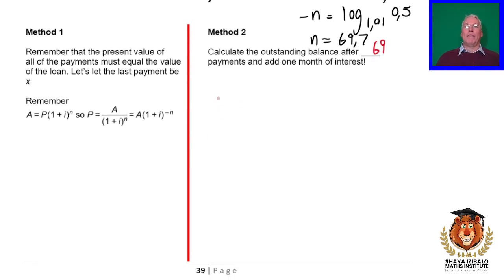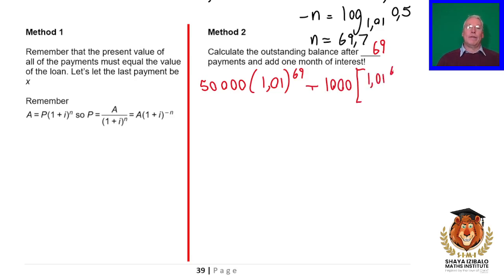Remember, the way we work out the outstanding balance after 69 payments is we work out the value of the loan with interest over 69 months, and then subtract the value of the payments that have been made, which is a future value annuity. So that's going to be 1.01 to the 69 minus 1 over 0.01.